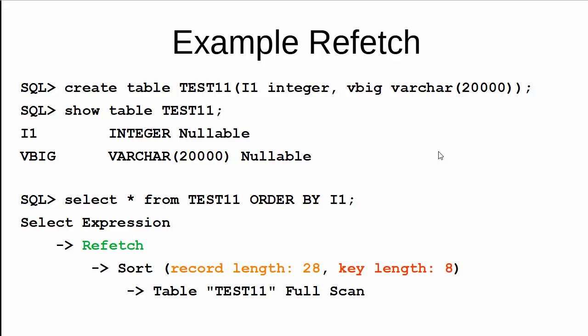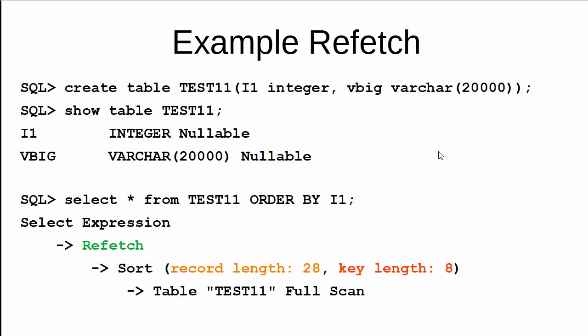Let's return to the example of the refetch. Let's, for testing purposes, create a table, test11, which contains an integer and a very big varchar, with 20,000 records. And let's do the select from test11 order by I1.